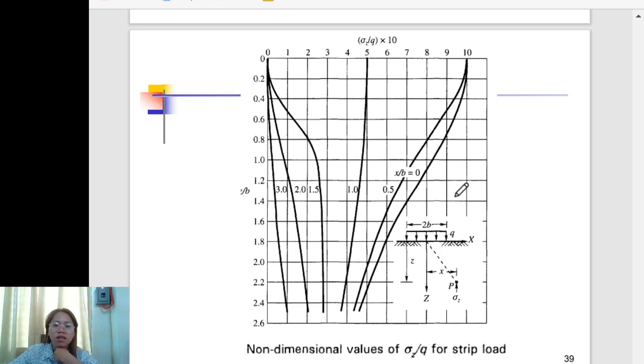It's complicated, no? Anyway, this is the non-dimensional values of the sigma sub z over q for strip load.